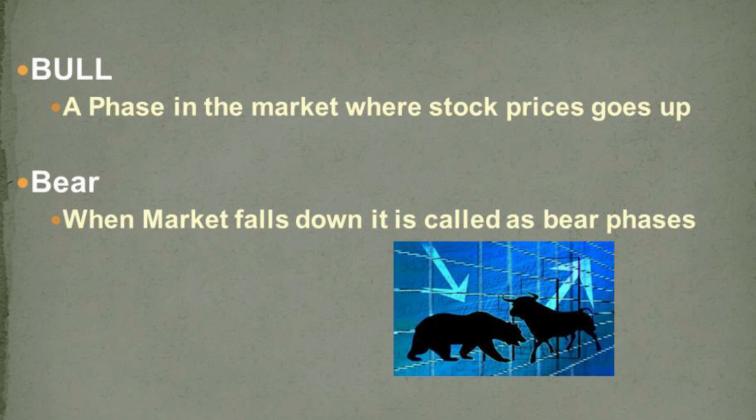So when the market is falling, that phase is called a bear run. When the Satyam fiasco happened, it was a bear run. Narendra Modi ji was appointed as the Prime Minister. After that, stock market has increased. That is called a bull run. So I hope the first two terms are clear to you.